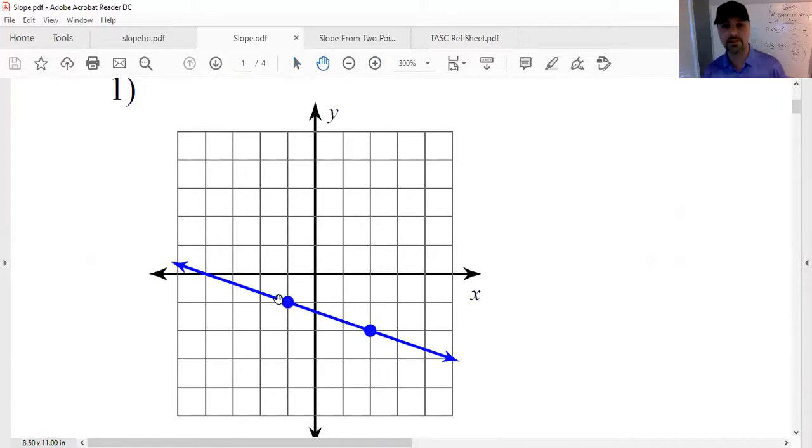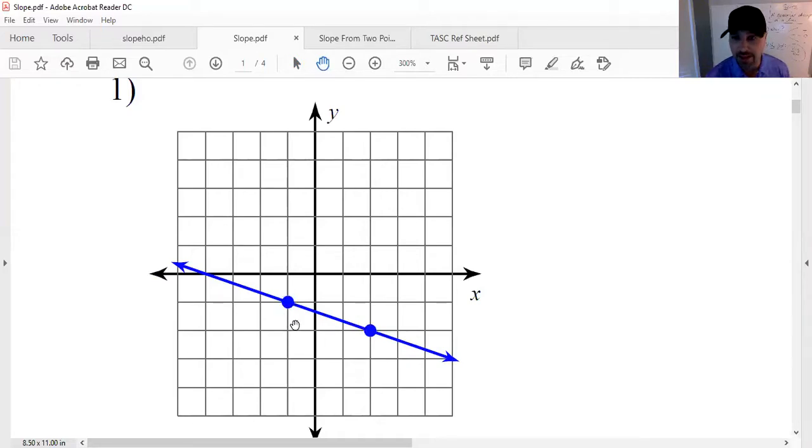I don't know if you have this on a worksheet, or if it's just on your computer or even your phone, but you can see the grid. So if I started on this left one and went to the right one, I would have to go down 1 and over 1, 2, 3.